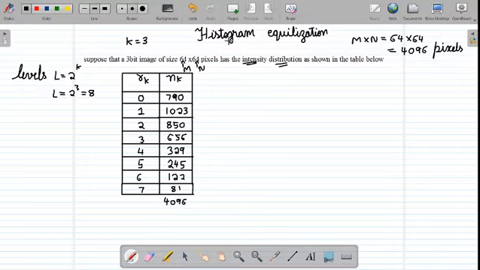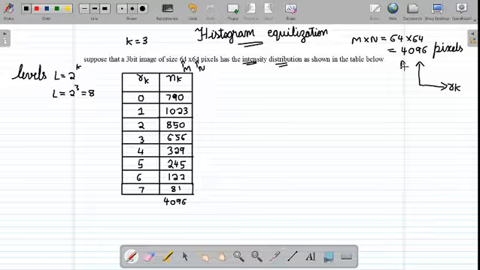So you are asked to perform histogram equalization. Before performing histogram equalization, we just need to draw the histogram of this image. You know that the histogram is the plot of Rk versus probability of Rk.